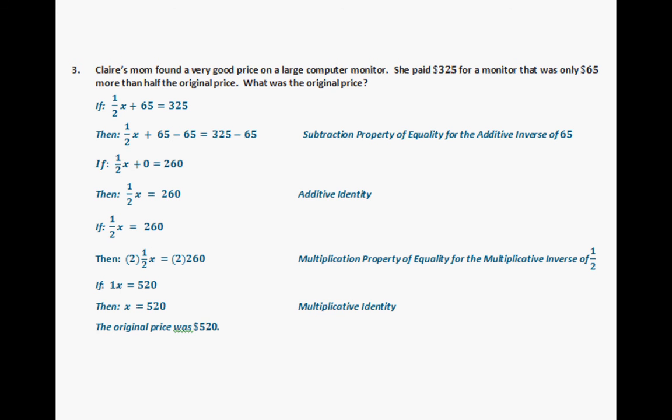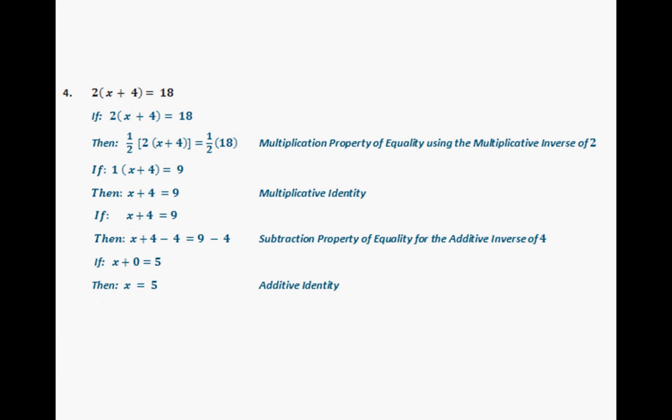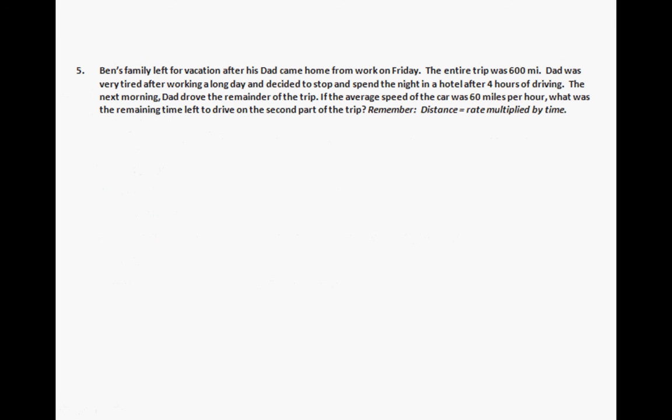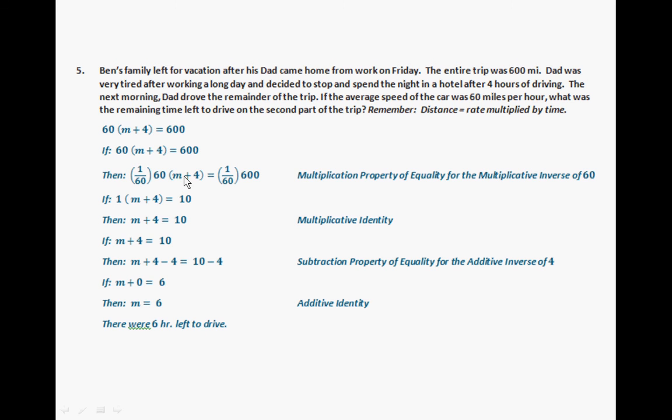Okay, number 4. Using your if-thens again, and you should have 4 properties of equality listed. And number 5, you have Ben's family leaving for vacation, and here is the answer.